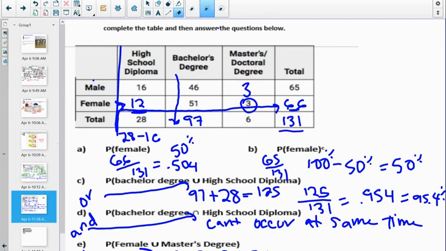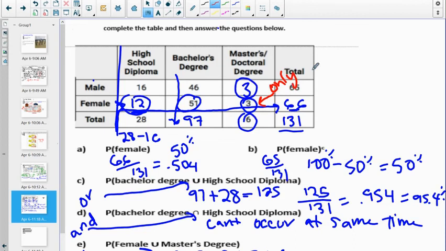Remember, we can't add that other 3. So then we just add that 6 as our next step. So we added these numbers, but we didn't add this one twice. Only add once.